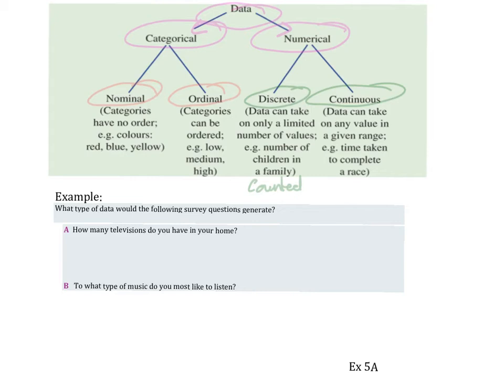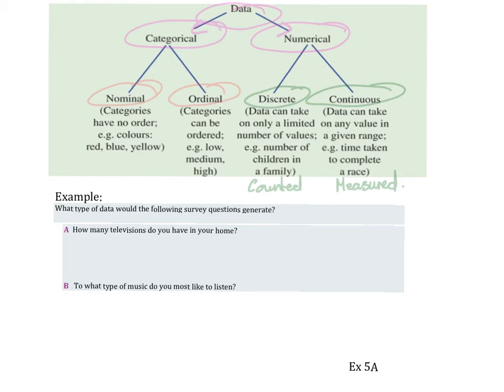They are things that can be counted. Continuous data, on the other hand, is things that can be measured. So height, weight, time taken to complete a race. So they are things that can be measured. That is the main difference there between discrete and continuous data.